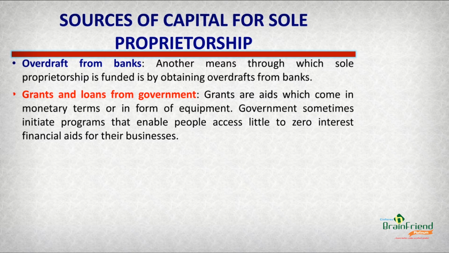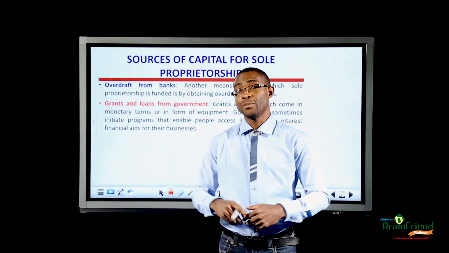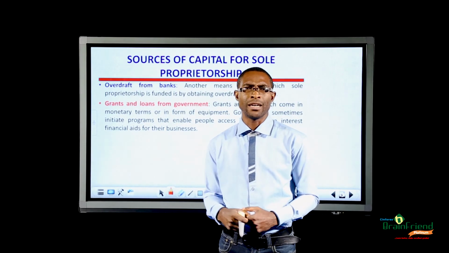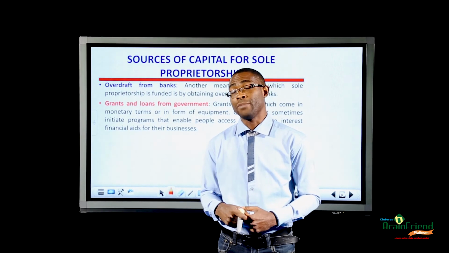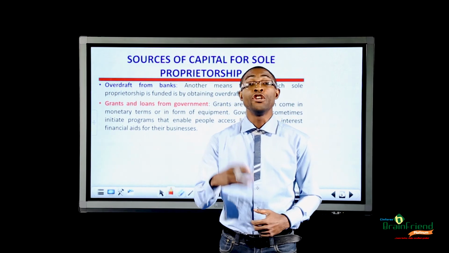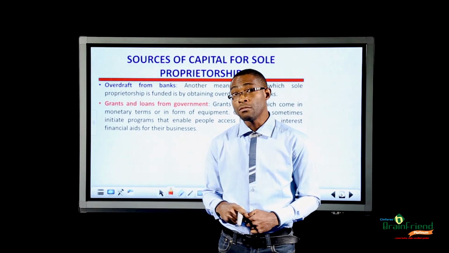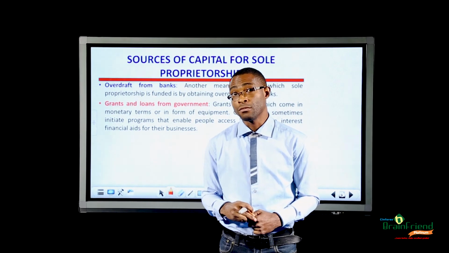Overdrafts from banks. Mr. Okon is a regular customer of a bank. They know that at a certain month, certain amount of income comes into Mr. Okon's account. But at the moment, Mr. Okon's account is red. So what does Mr. Okon do? He walks into the bank. He probably meets the bank manager. Sir, you know that at the end of the month, my salary comes in.